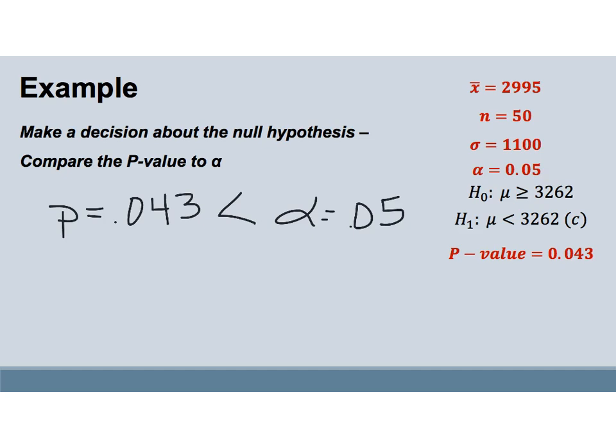And per your big box on the page before, if P is less than or equal to alpha, you reject the null. So reject the null. And that's what you'd put down for step 4.